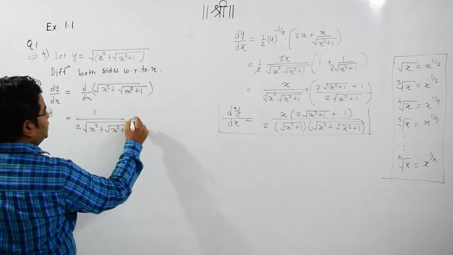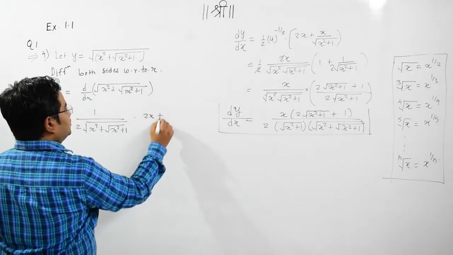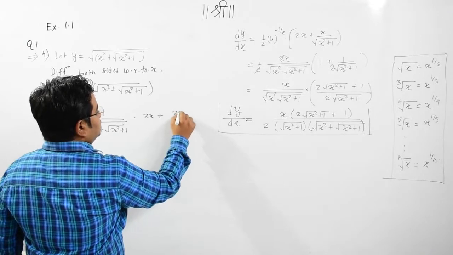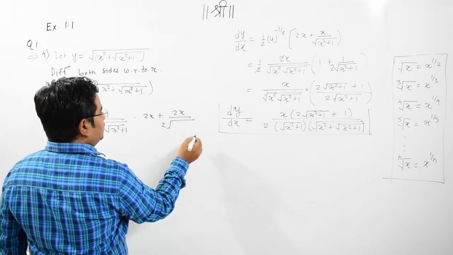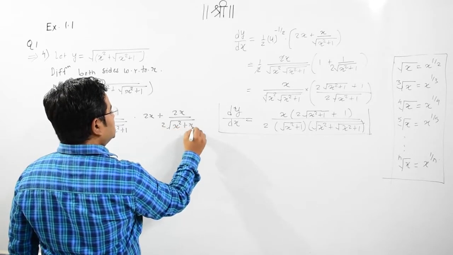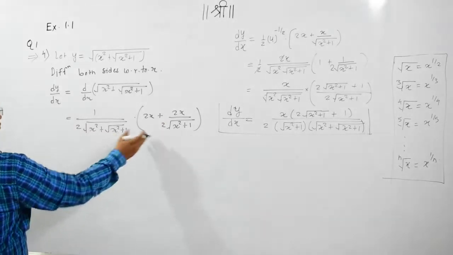Now next step, derivative of this is nothing but 2x plus 2x upon 2 times under root of x square plus 1. Okay, that's it. That's what we need to do.